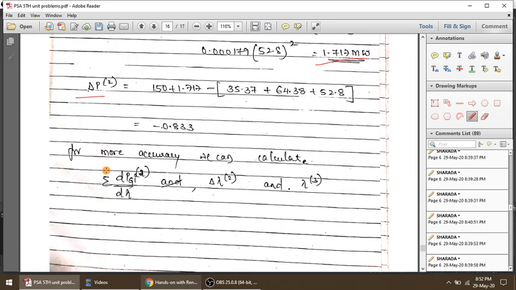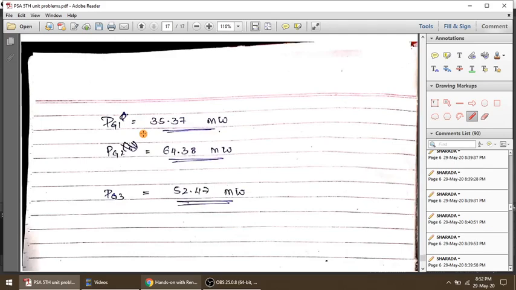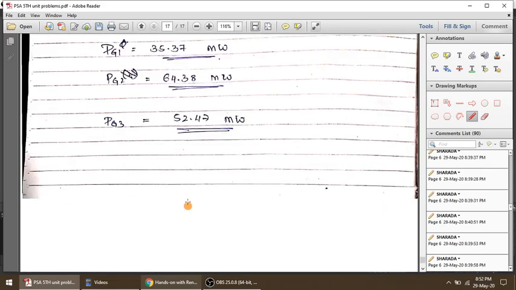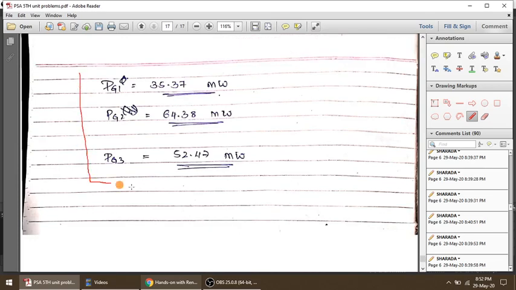For more accuracy we can go for the next iteration also, but since we have got 0.833, we will stop here because it is approximately equal to 0. Then whatever values we've got, we will take as final. This is the final result: Pg1, Pg2, Pg3 will be equal to these values.